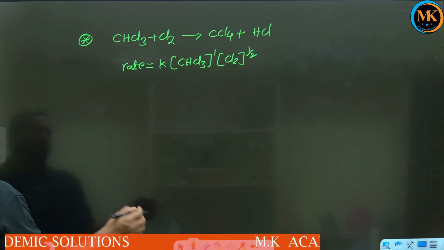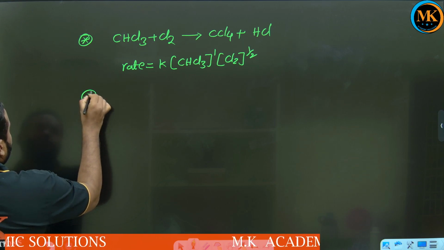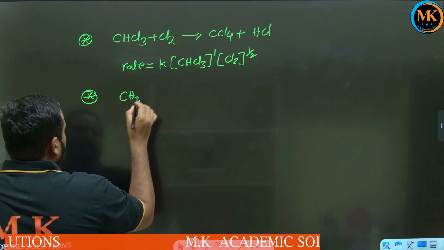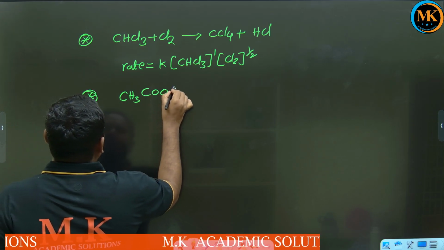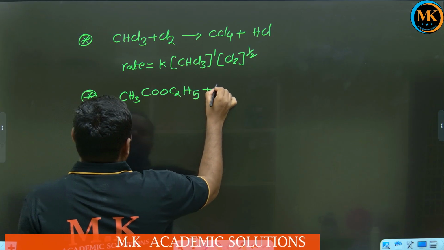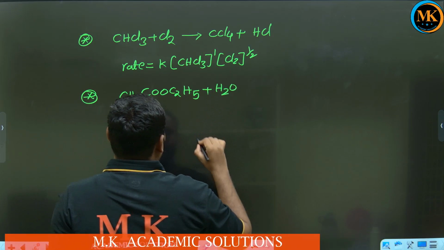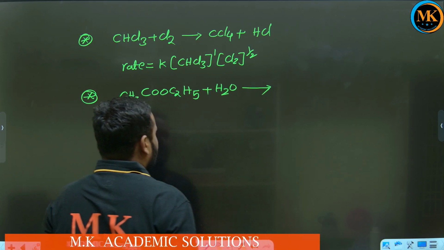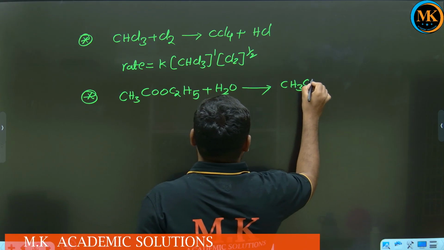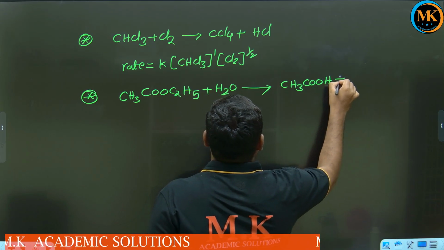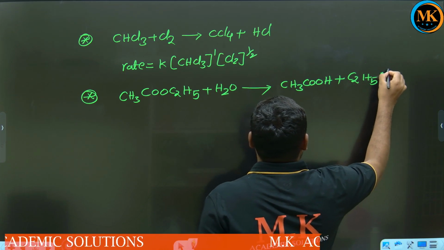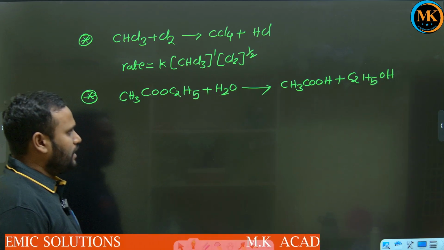And you take one more example, that is CH3COOC2H5 plus H2O, which gives rise to CH3COOH plus C2H5OH. So now this is the reaction.